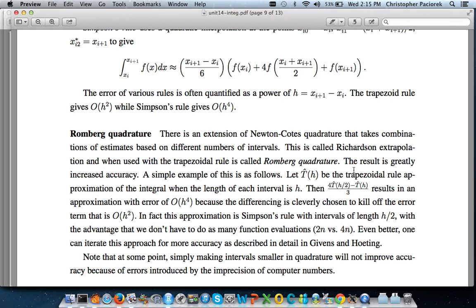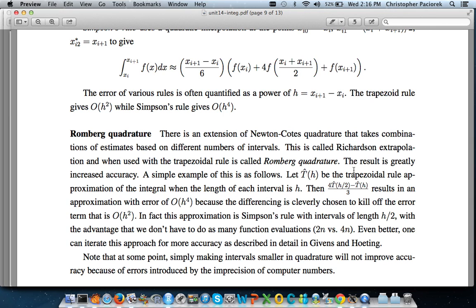The reason is what I wrote up here: we know that the error of the trapezoidal rule is order of h squared, so it depends on the interval length h. It turns out you can write out the error between the estimate of the integral, which I'm calling t hat here, and the actual integral, which I'm calling t, as being a constant times h squared plus order of h to the 4th. So it turns out there's no h cubed term here.